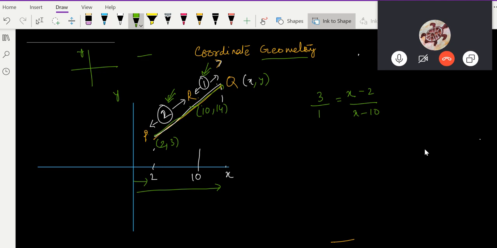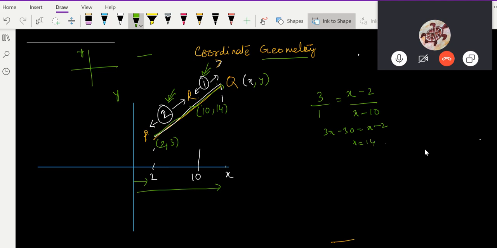And then I do the same thing with the other one, x minus 10. I take the entire thing minus the smallest value, and then I do the same thing with the other one. So 3x minus 30 is equal to x minus 2, or x is equal to 14.